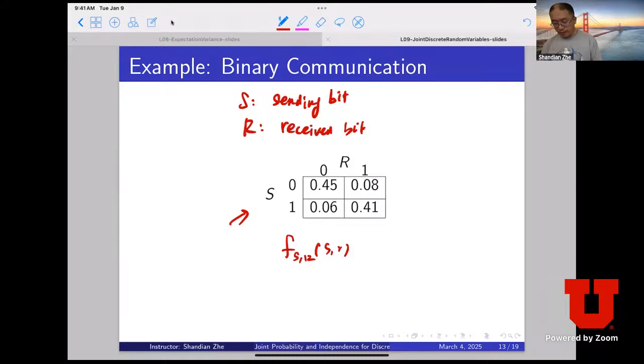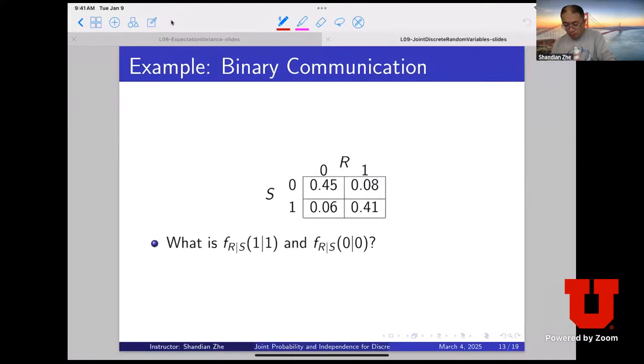And the chance that your sending bit is 1 and the received bit is also 1 is 0.41. But you have some smaller chance that your sending bit is flipped when it is received. So now we would like to use the definition we just introduced to calculate the conditional probability.